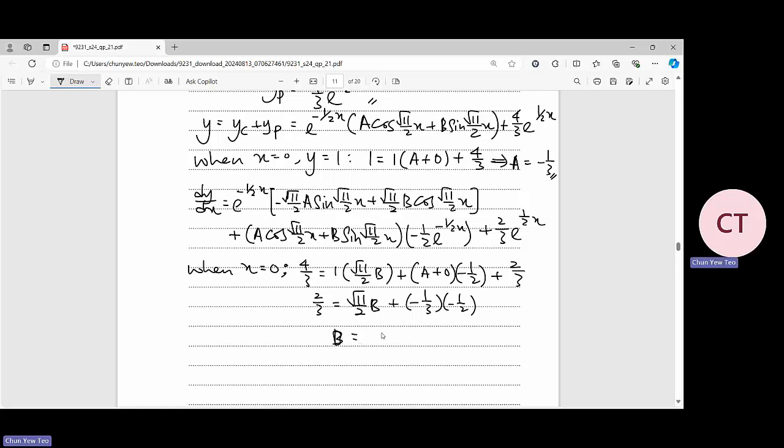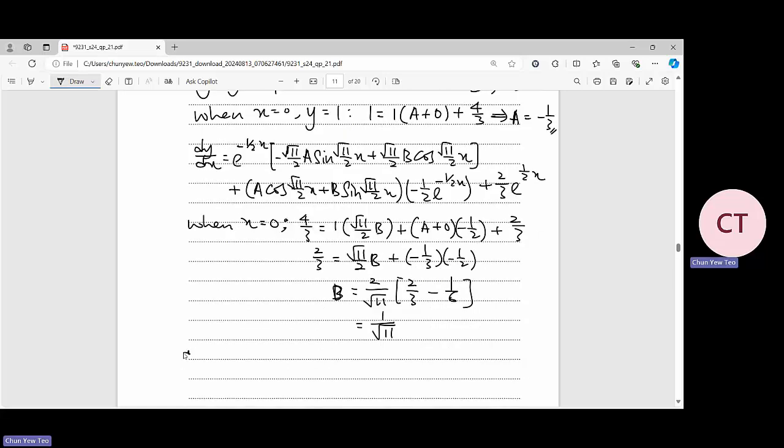So if you press a calculator, you will get root 11 over 2 B equals 2 over 3 minus 1 over 6, which is 4 over 6 minus 1 over 6, which is 3 over 6, a half. So B is 1 over root 11.